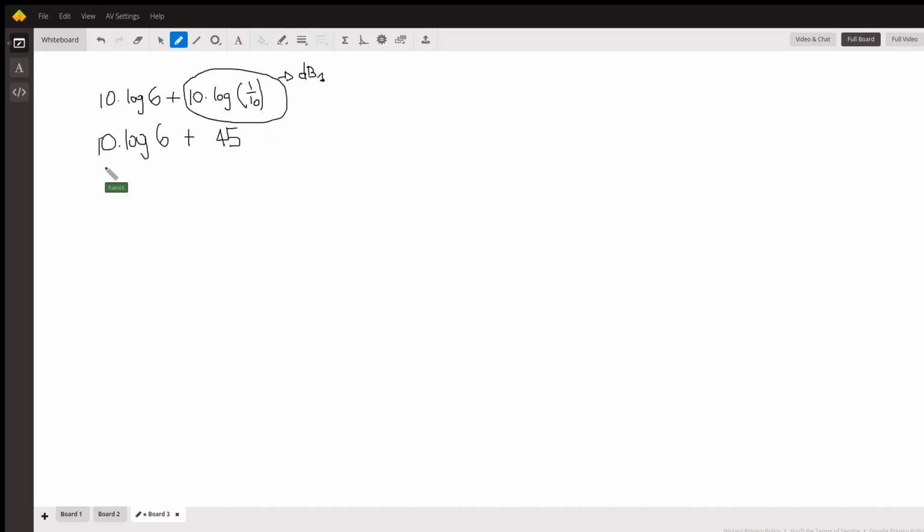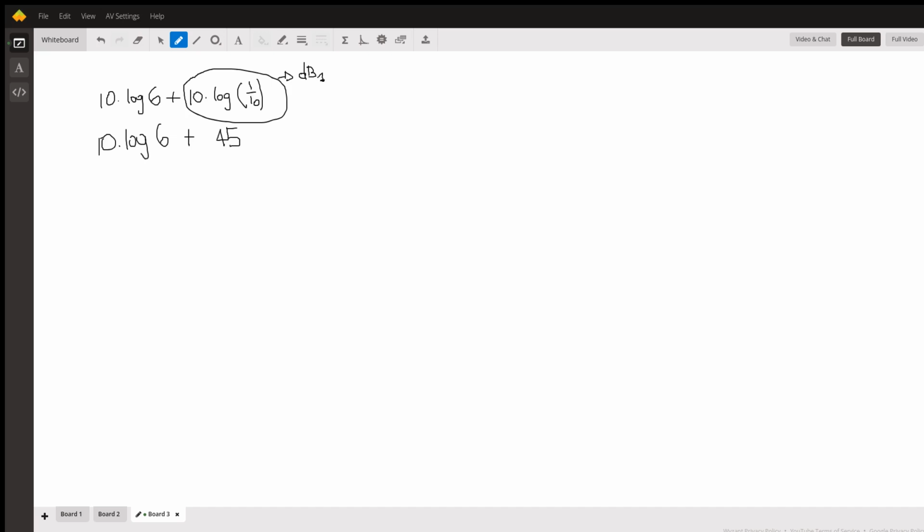And from here on out, this becomes a calculator problem. So let's open a calculator. We're going to do 45 plus 10 times log of 6.